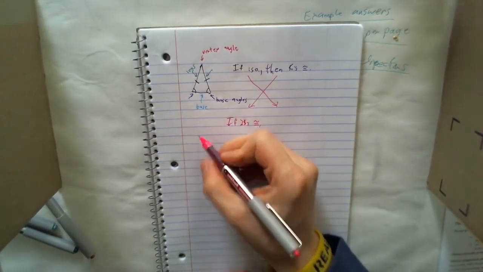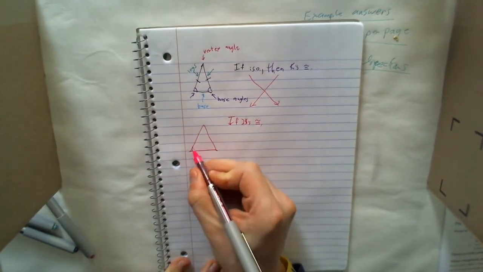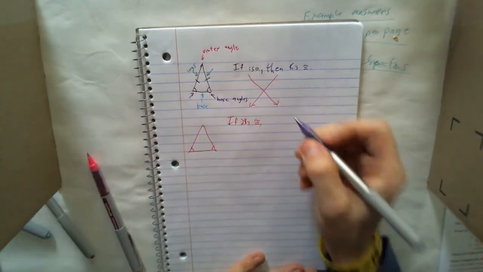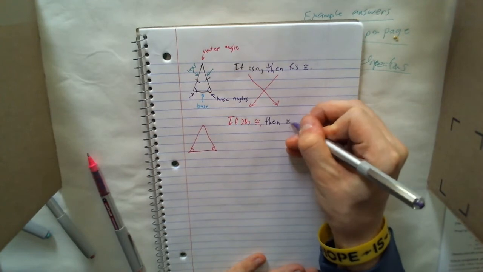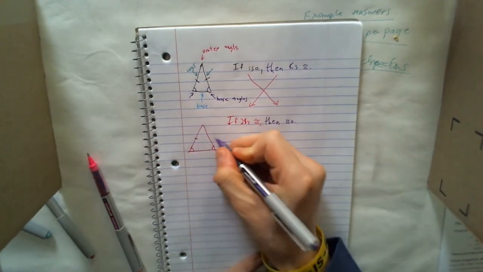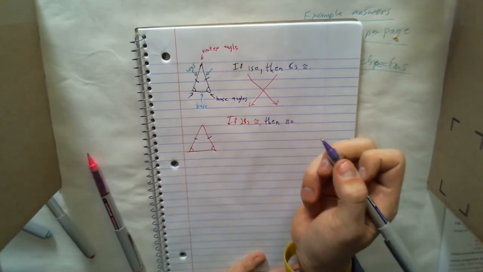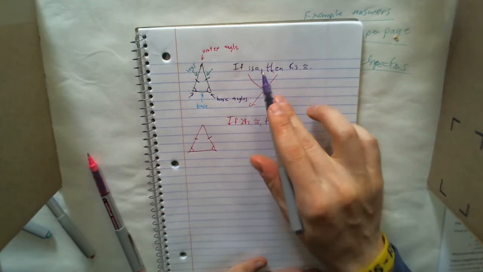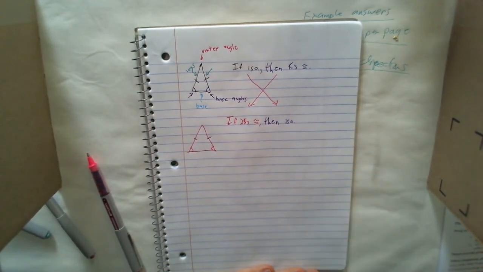All I know is that if I have some triangle and these angles are congruent, well, then it is an isosceles triangle. Meaning, if these two angles are congruent, these two sides have to be congruent. And this is the converse. This is the isosceles triangle theorem, and this is the converse of the isosceles triangle theorem. Both of them are true.